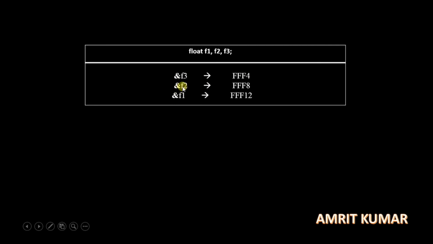Again using the ampersand, this holds the address of f2, and its address is ff8, and this holds the address of f1, and its address is ff12, that is 12. So this is the mechanism through which it works.